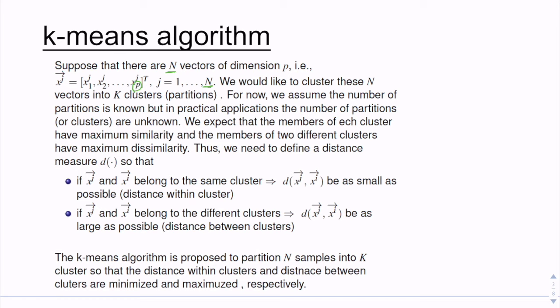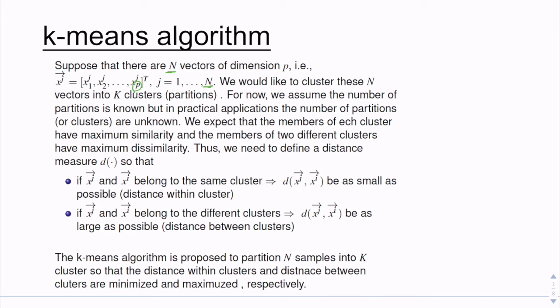Also, traditionally, the k-means algorithm was known as vector quantization. That was a very popular technique used for speech coding. When you wanted to compress the speech signal, they used the technique called vector quantization, which was basically another version of k-means.